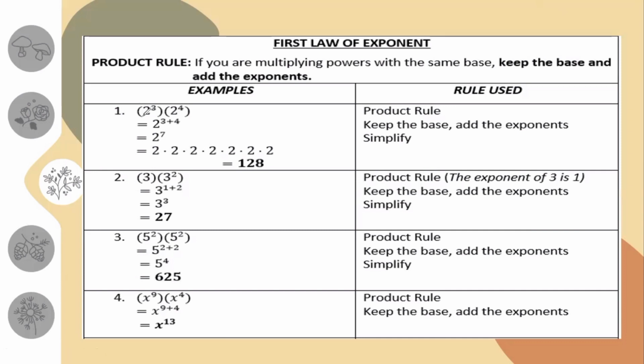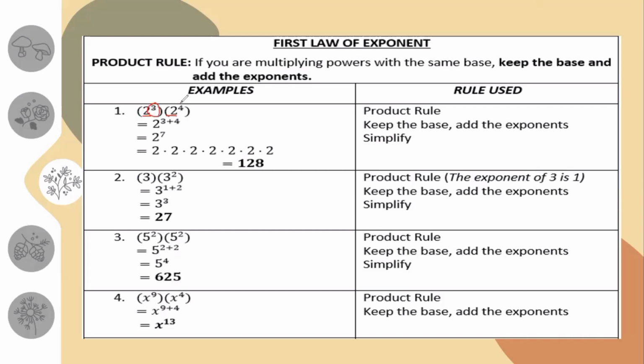In our first example, what is our base? Okay, very good. Our base is 2. Napansin ba ninyo na pareho ang base natin? Okay, very good. Since pareho ang base natin, what we're going to do now is to simply add the exponents.